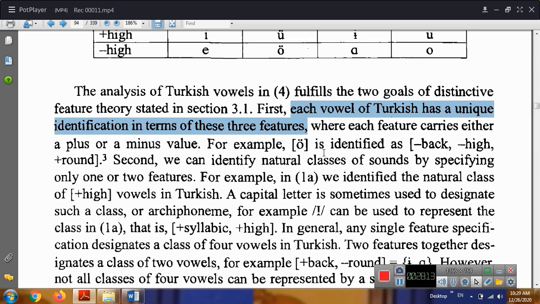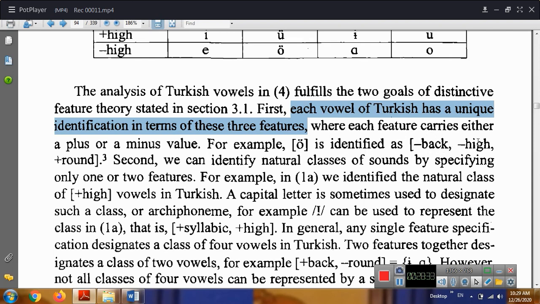For example, U is identified in this way: minus back, minus high, plus round. Okay, when we want to write them in our text, we show them in this way. We have a square bracket. Opening a square bracket, we write the first distinctive feature.